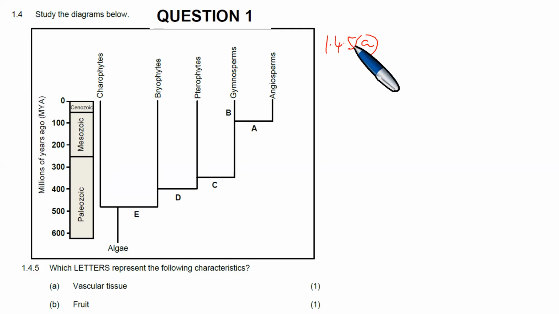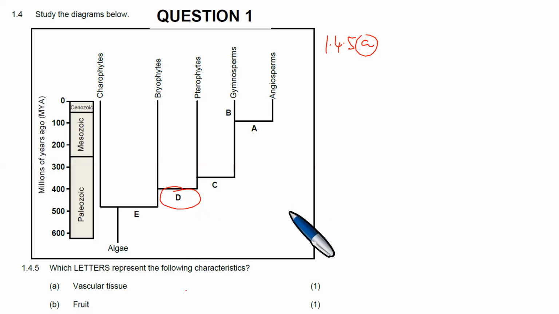Is it letter A, B, C, D, or E? We can see clearly that vascular tissue will be associated with letter D. And obviously, you can see the effect of letter D. It relates to the Paleozoic era.